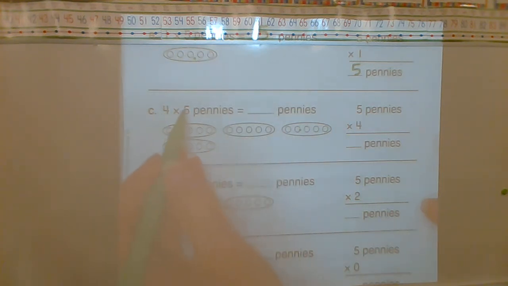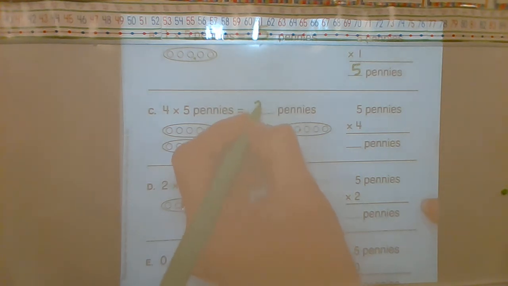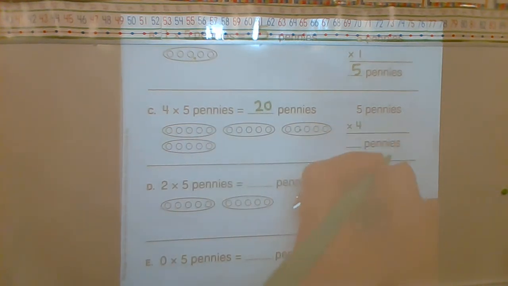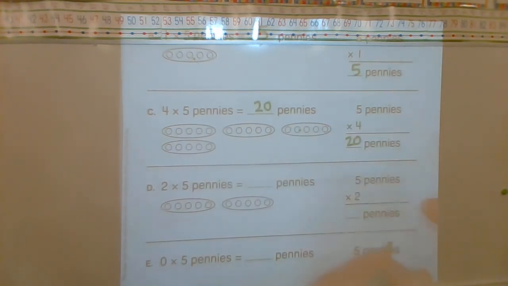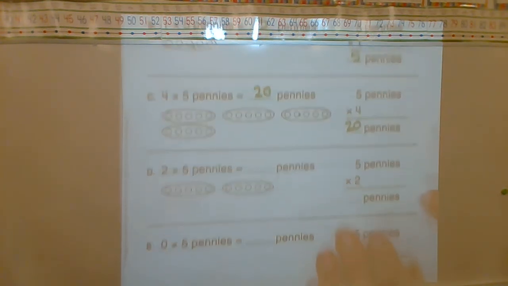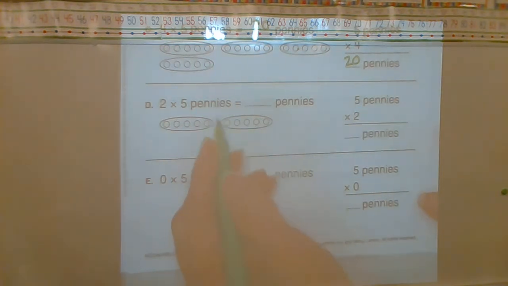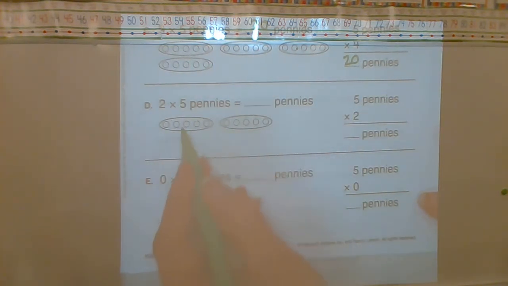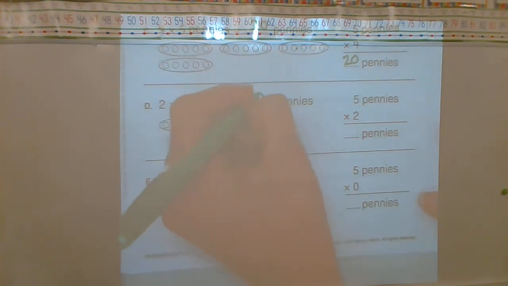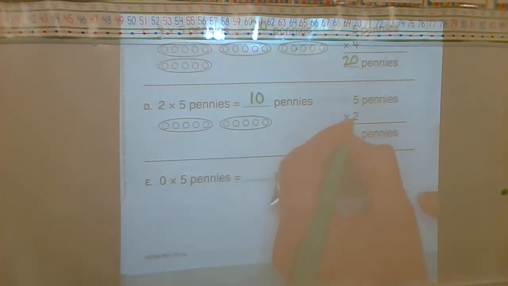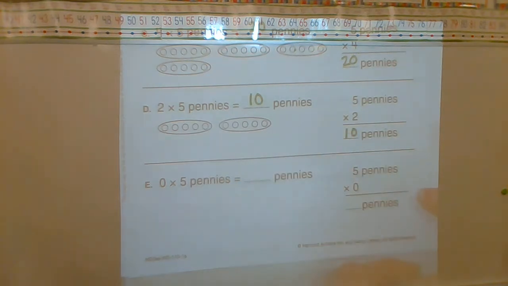So 4 groups of 5 is 20 pennies. Even if they trade places, you get the same answer. 2 groups of 5. Count with me. 5, 10. That's your answer. 5 pennies times 2 equals 10.